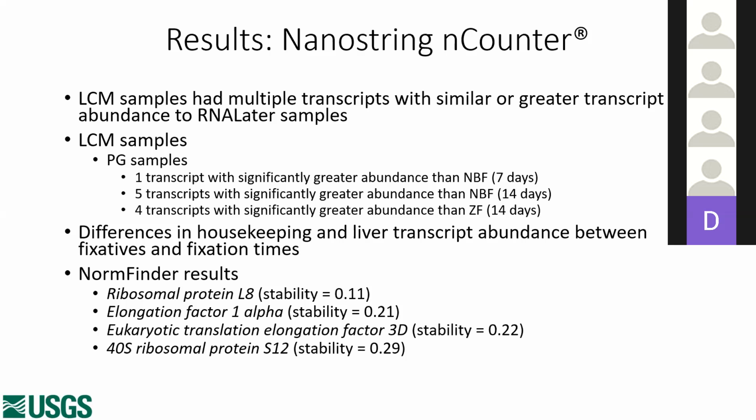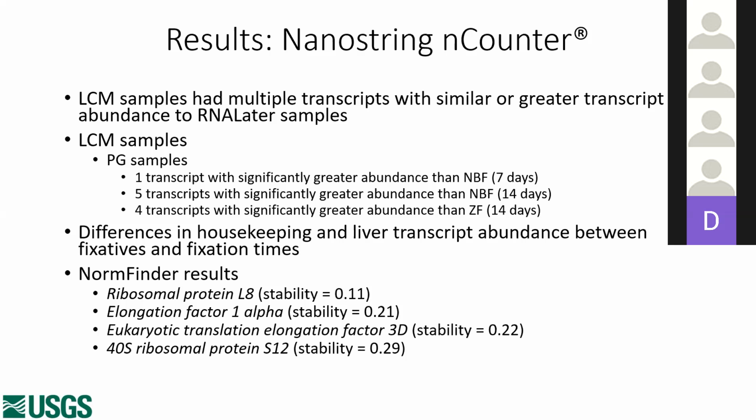For the LCM samples, for the PAXgene, there was one transcript with significantly greater abundance than neutral buffered formalin samples at 7 days, 5 transcripts with greater abundance than neutral buffered formalin at 14 days, and 4 transcripts that were significantly greater than Z-Fix at 14 days.